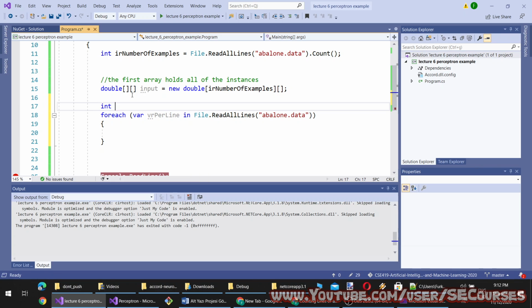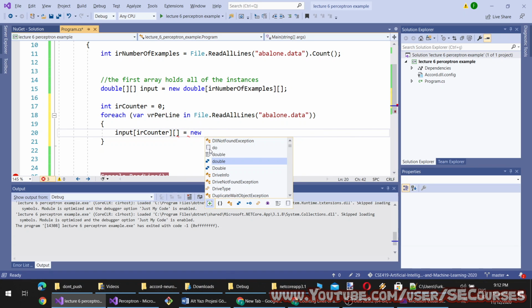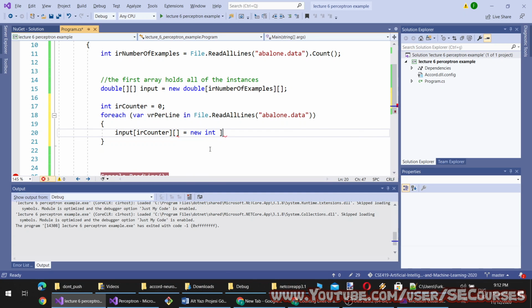Oh, I need a counter equal to zero, and new integer. Okay, I think I can use it like this, split by comma. Oh, I don't even need to do that.